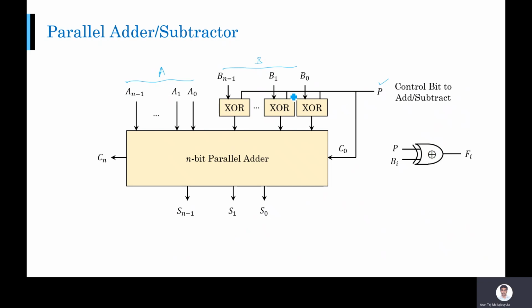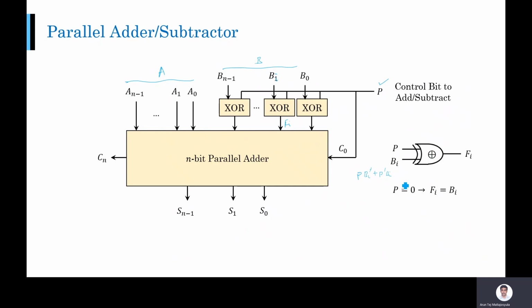Take any stage, some ith stage. You have an XOR gate with one input as P and another input as Bi. So what will be the output here? If I call the output Fi, the output of this XOR gate will be P Bi dash plus P dash Bi.